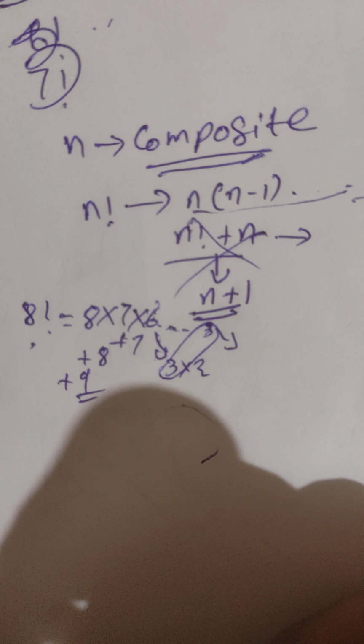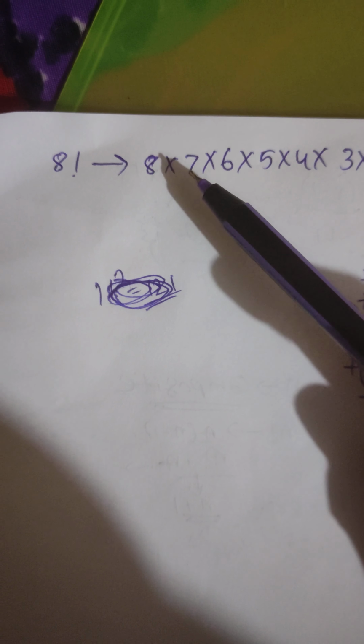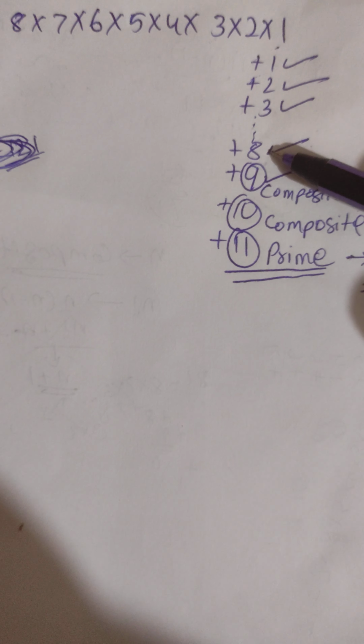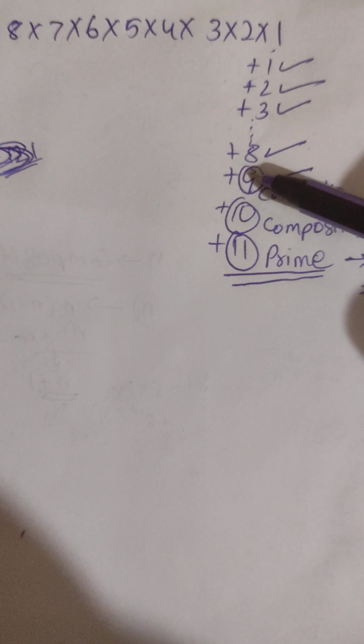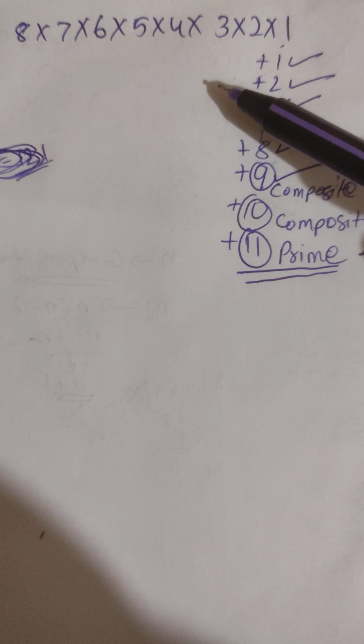Then what we can do? As you can see, I couldn't generalize things here, because with 8 factorial, we have got till plus 8 and also got from plus 9. Plus 9 we can get a composite number, plus 10 we can get a composite number.